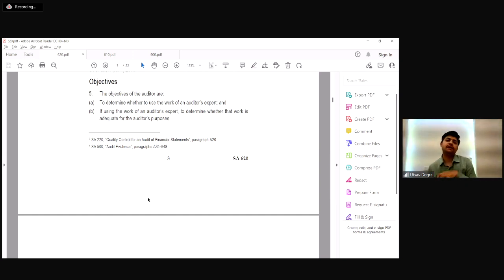So he first has to understand whether to use the work of an auditor's expert or not. Or let's say in the audit team there is one partner or team member who is also a lawyer, and in his past experience he has seen such cases where his work can also be used. He is competent enough to do the audit, which is why he is part of the team, and he is also good enough in accounts.